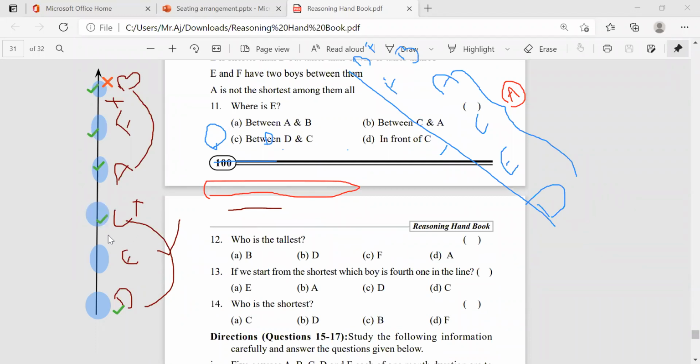Fourth one of the line, who is this? C. C is the answer. Okay. Who is the shortest one? Among all these, who is the shortest one? B is the first person standing in the line. That means B is the shortest one. Is it clear? Now I'm moving to the next question.